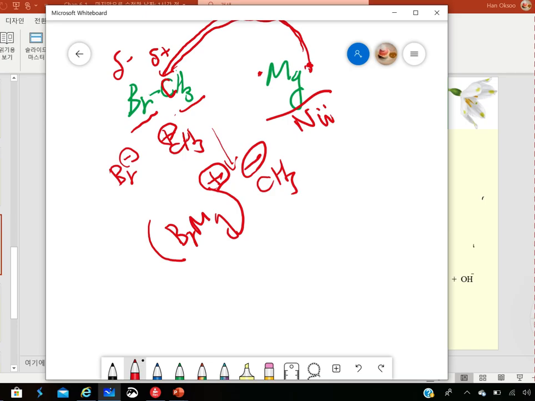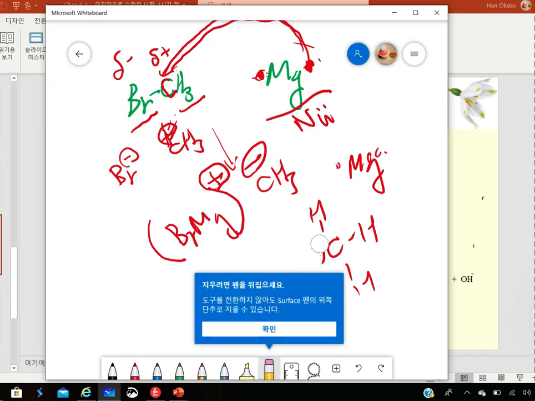Because CH3 is plus, but you will get two electrons from the magnesium. Both of these two electrons move to the carbon, then it becomes CH3 minus. You can easily understand what happens. This is plus, but magnesium has two electrons here, and these two electrons moved here. Because you have two electrons moved.